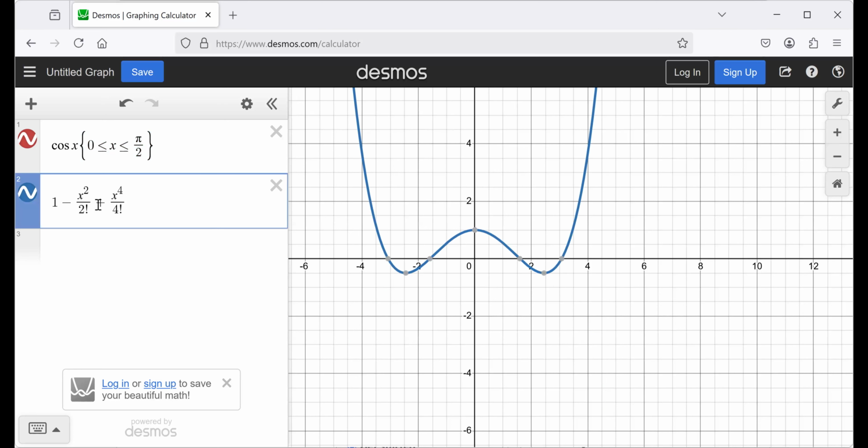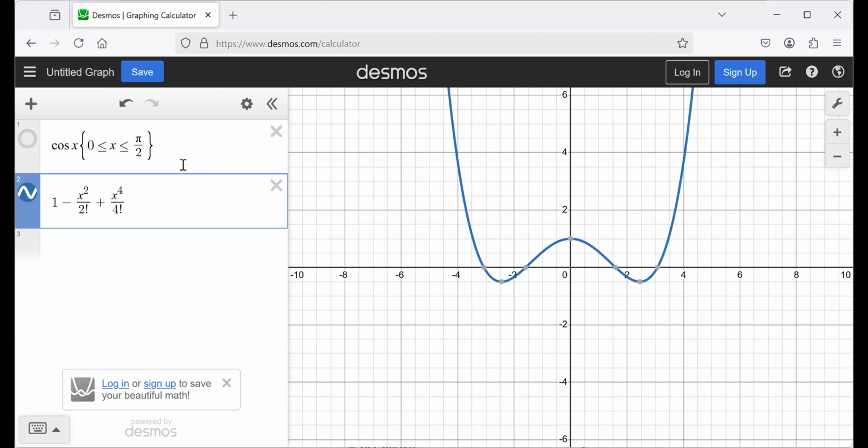In fact, we didn't need to go nearly so far. The cosine looks like this polynomial with only these three terms. And maybe if we have a power of the cosine, or the cosine is otherwise hard to work with, we could just take this hard to work with function and replace it with this easy to work with function. And that's the idea behind what we're talking about today, the idea behind power series.